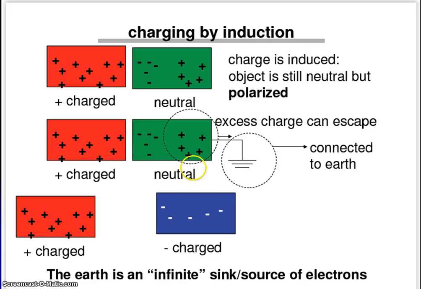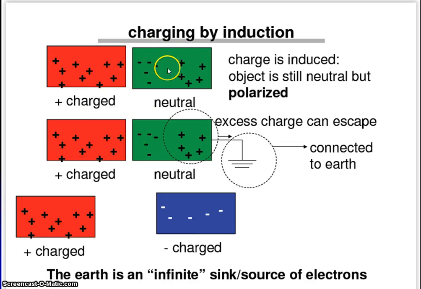Then we get down here, and this excess charge can somehow escape through a connection to the earth, right? And then there you go. You have charged this other object through induction. Now you'll obviously notice the difference. Previously, we ended up with two positively charged objects.